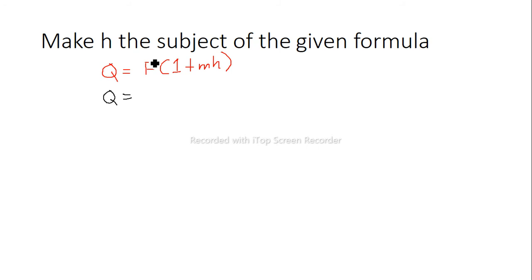Distributive property. Very good. We're gonna distribute it. So F times 1 is F. Very good. Plus. You gotta put the plus. Plus what? F, F, M, H. Oh, very good.